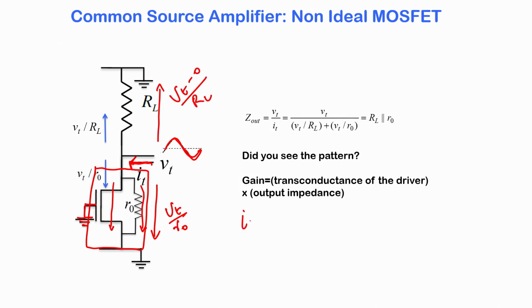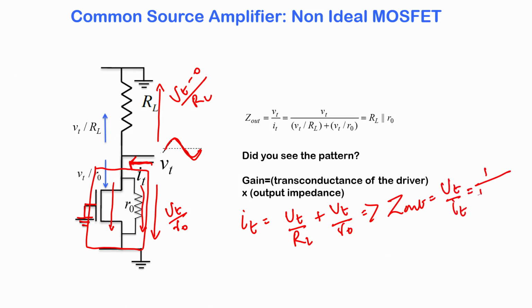So, therefore, the total current is going to be Vt by RL plus Vt by Ro, which is basically saying that my Z output is Vt by It, which is 1 by RL plus 1 by Ro, which is RL parallel with Ro.